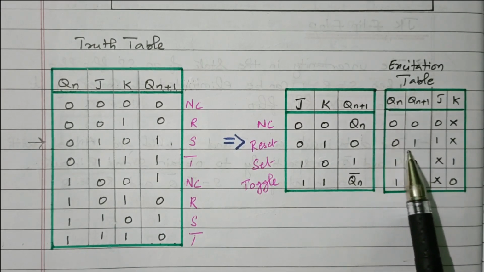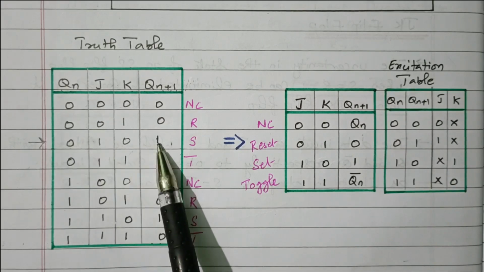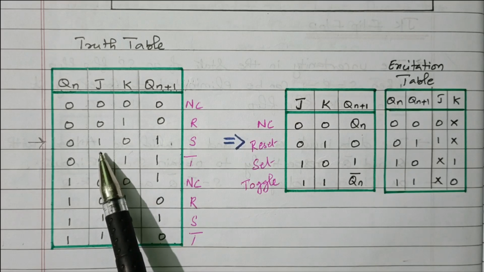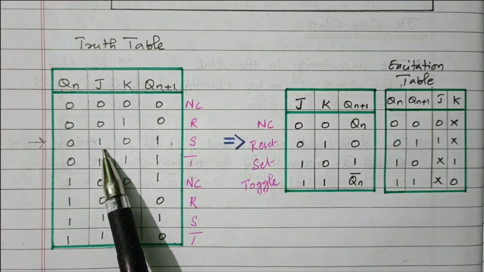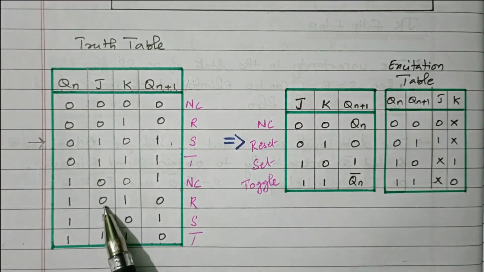Then 0, 1. We'll check whether it changed to 0, 1 here. It changed to 0, 1. Only this case. For that, what is the input? Is there any more 0 to 1? Here also one more is there.